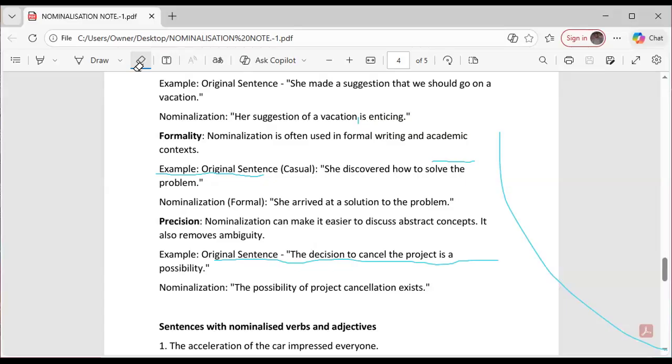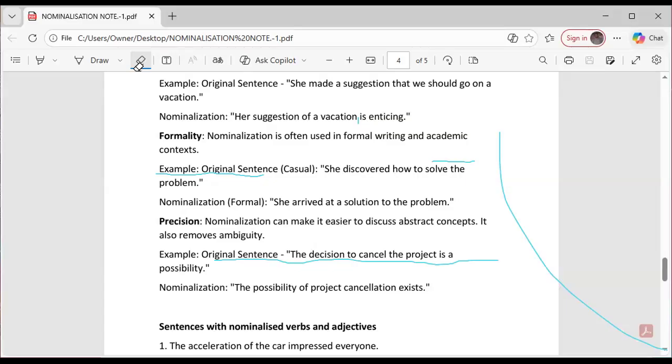Now you see that it's just one word, but with so many meanings. If you do not know the meaning of that word in the context, you might make a mistake while using the word. But when we make use of nominalization, it helps us to reduce the risk of ambiguity. It helps us to reduce the rate of confusing one word to mean this, whereas it means another. That is what I mean by ambiguity.